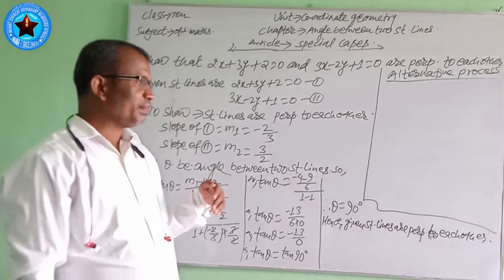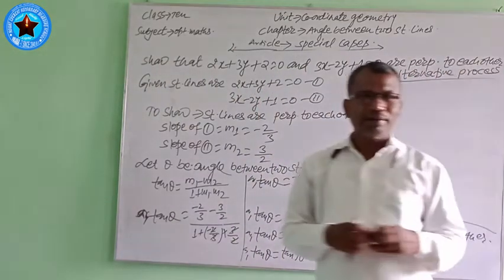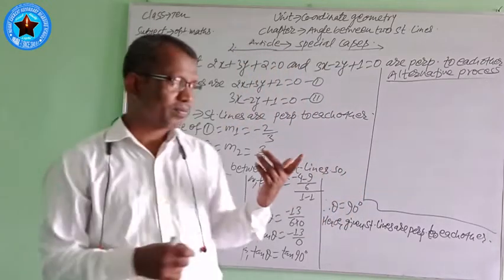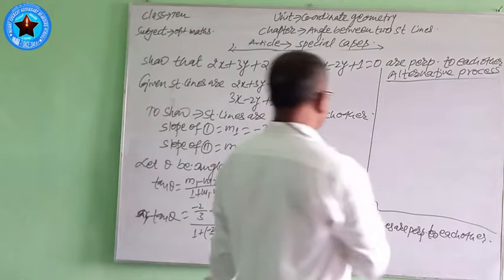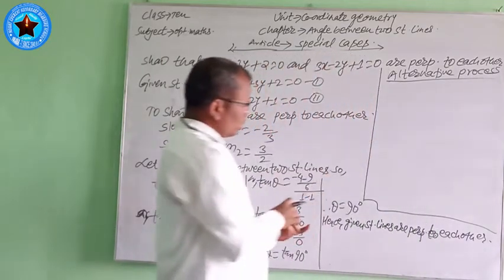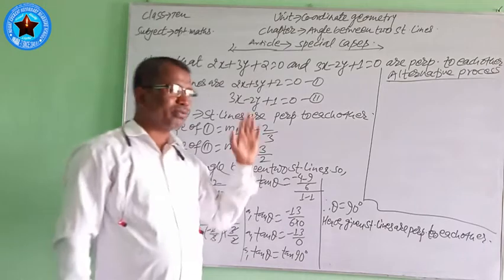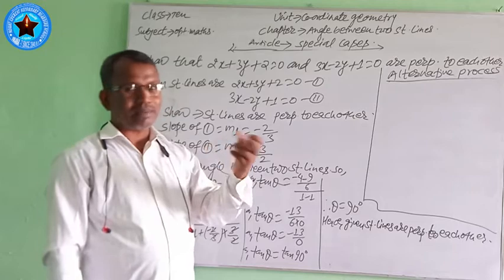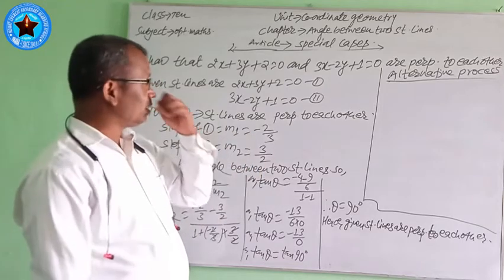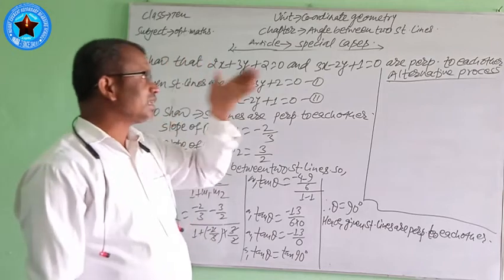And we know from the definition that two straight lines are perpendicular to each other if the angle between them is 90 degree. Then going through this long way, just finding the angle between two straight lines, we can come to the conclusion whether the given straight lines are perpendicular or not. Also without finding the angle we can come to the conclusion, that is the alternative process.